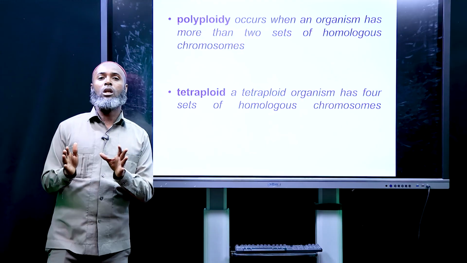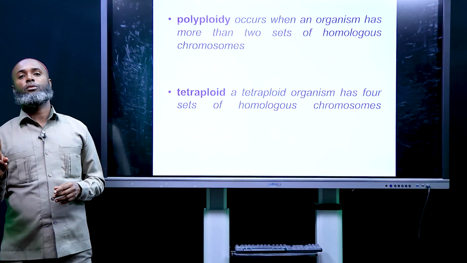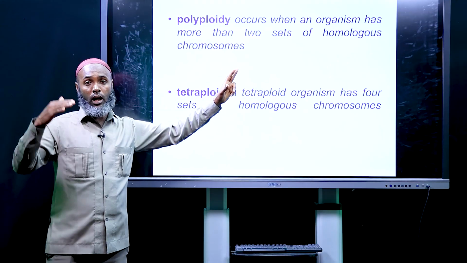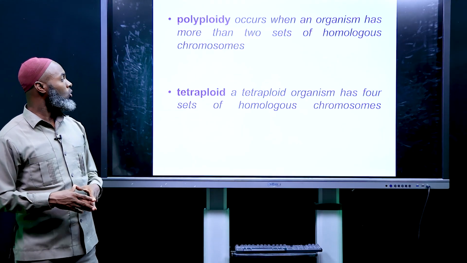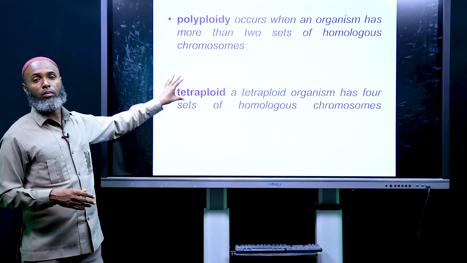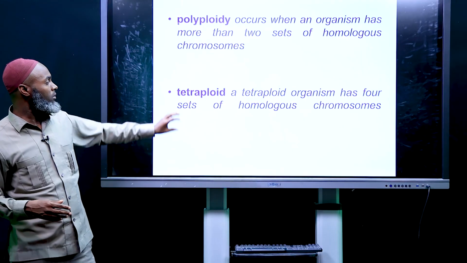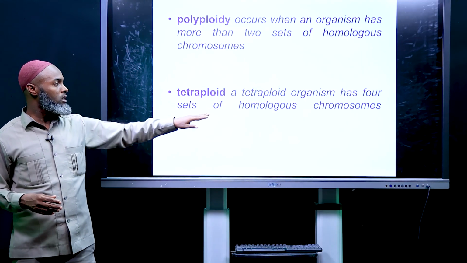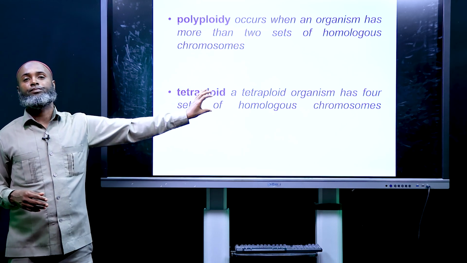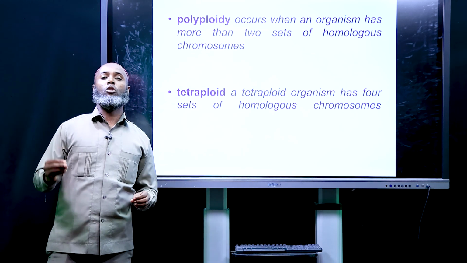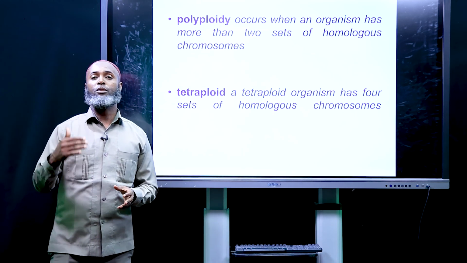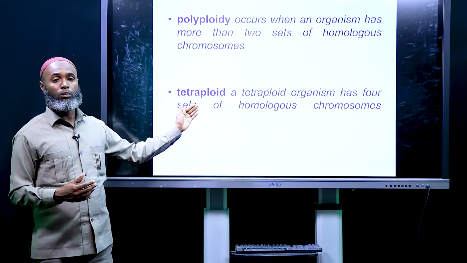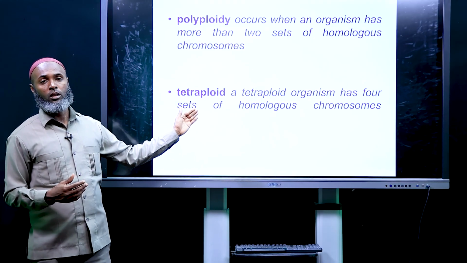In a normal scenario, there are two sets of homologous chromosomes, but here there are more than two. Tetraploidy: tetra means four. The organism has four sets of homologous chromosomes, and then it is called tetraploid.